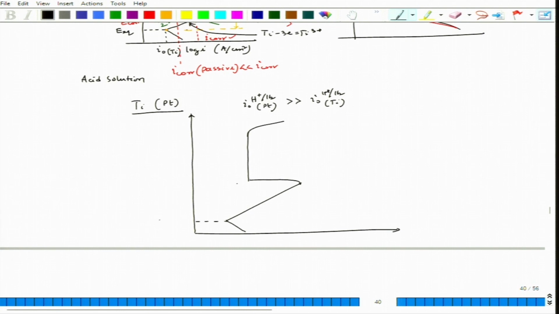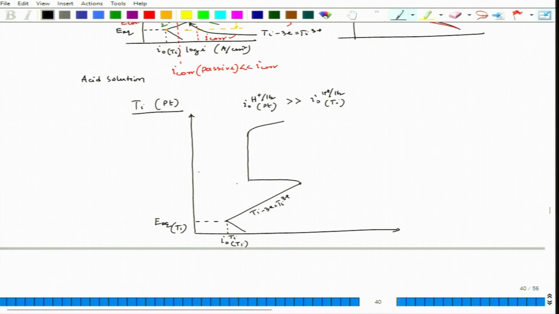This is E equilibrium, and this is I0 on the titanium surface for titanium. This is the anodic part where titanium is dissolving. So this is Ti minus 3e equals Ti3+.